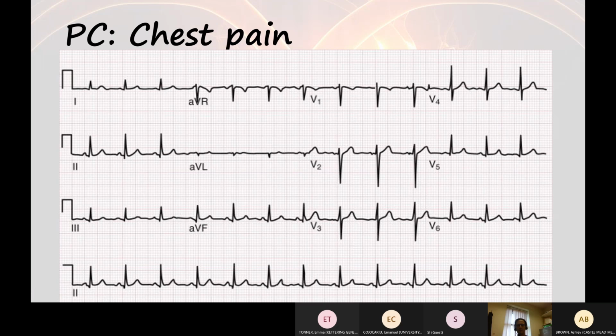So I think this is one of the hardest ECGs to diagnose, because I've put this up as being an ECG that's within normal limits, and I tend to like the term within normal limits rather than saying normal, because it just gives you a little bit more wriggle room. Actually saying an ECG is truly normal is quite hard, but this is a normal ECG for the purposes of this talk.